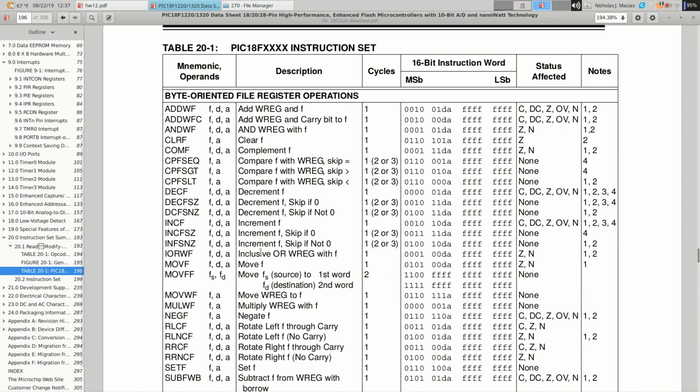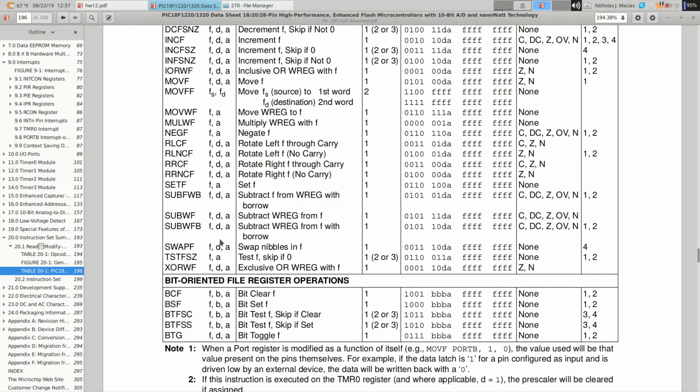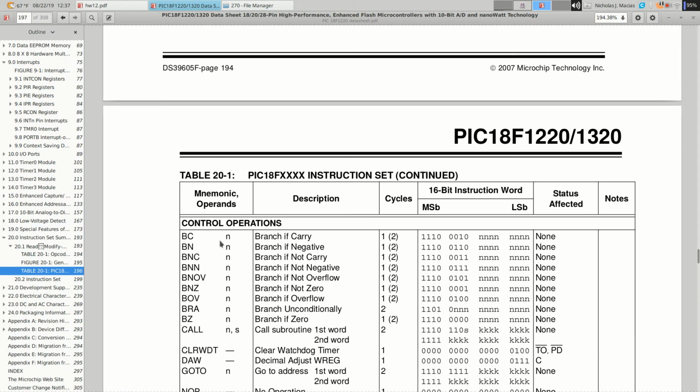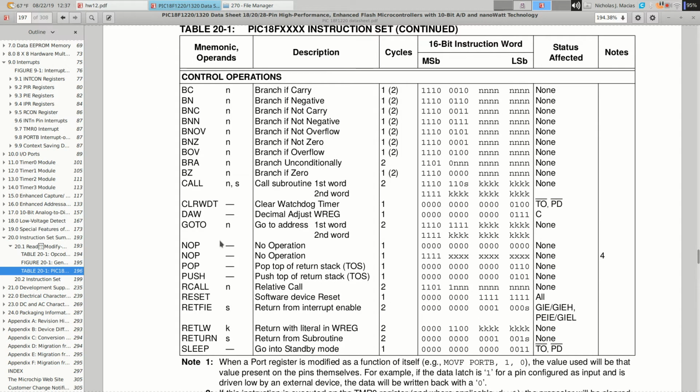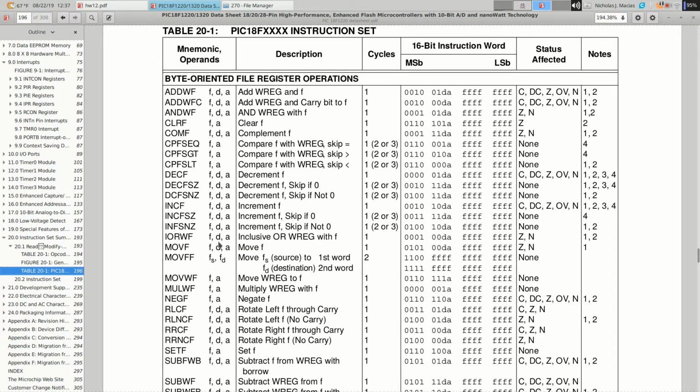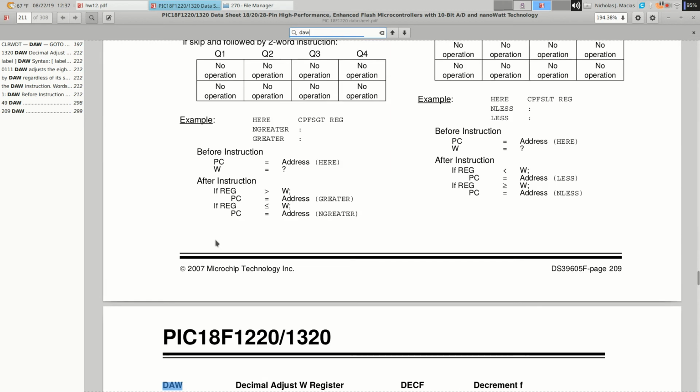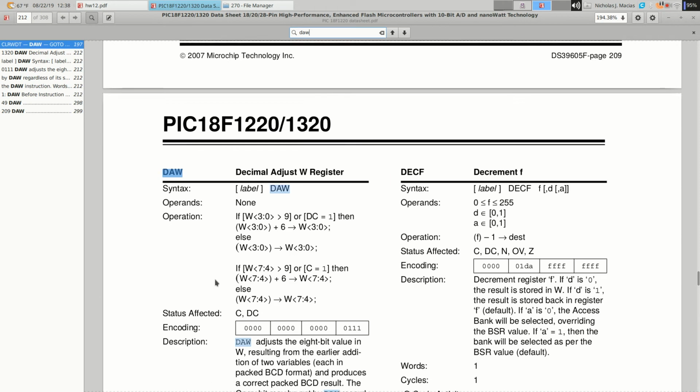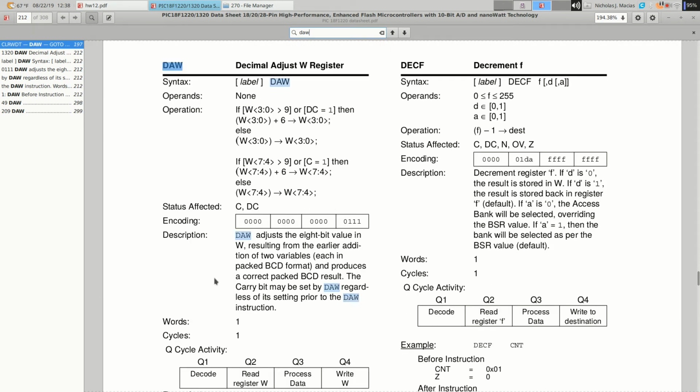So if you come down here and you look at your instructions in table 20-1, there's an instruction called DAW, which is decimal adjust W register.